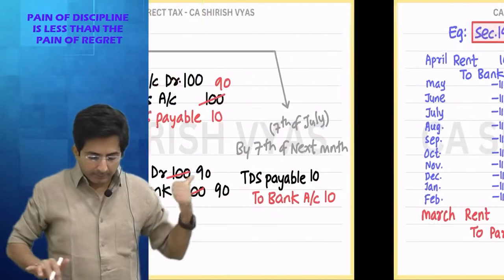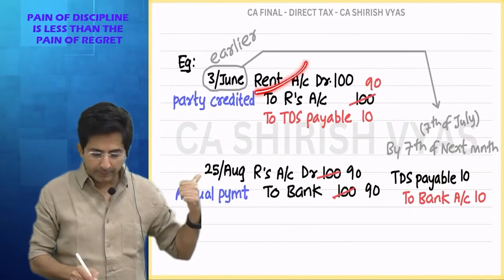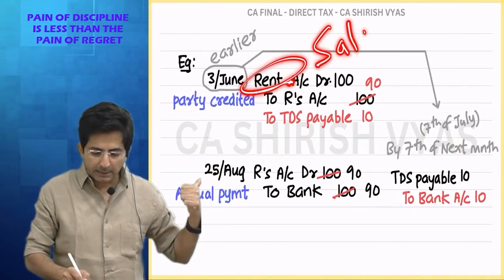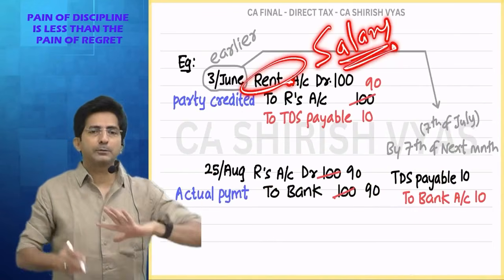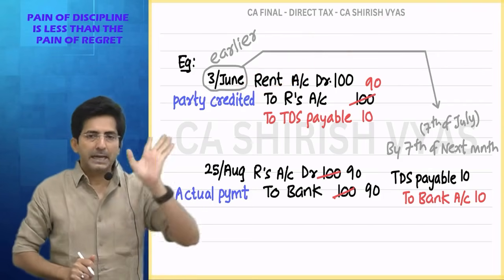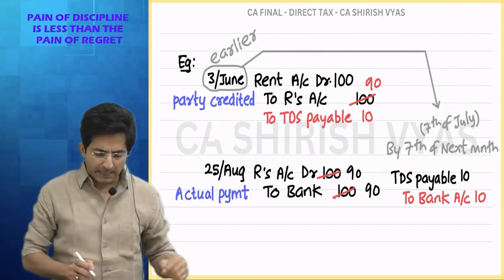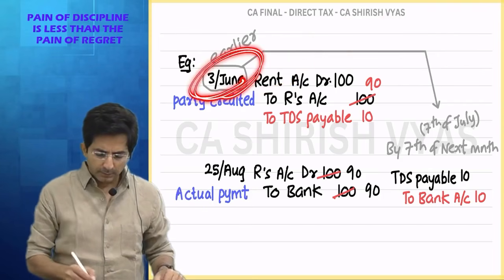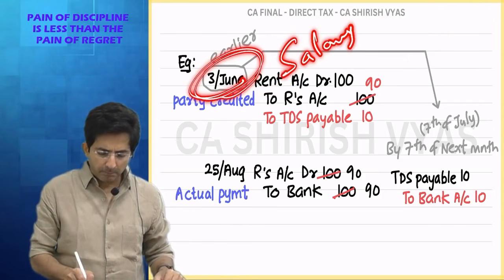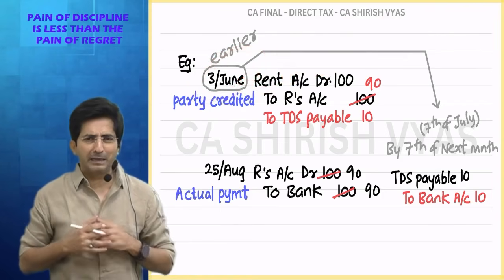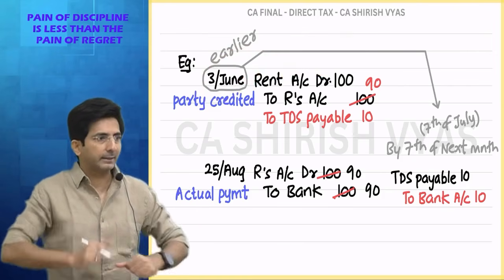So tell me, in this same example, if instead of rent it was salary of Mr. R. Assume R is my employee. And by chance it happened that on 3rd June the salary became due, but I told my employee, I don't have money, which is a very rare thing.